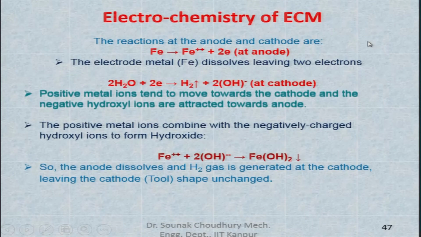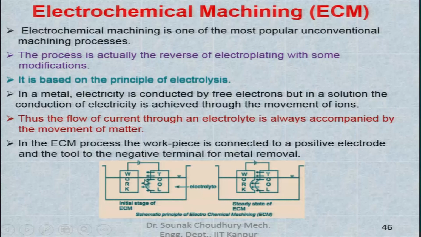Now, here is the electrochemistry of electrochemical machining. The reaction at the anode, meaning here, this is the anode, and this is the cathode. The tool is the cathode. So, let us say this is the copper material.